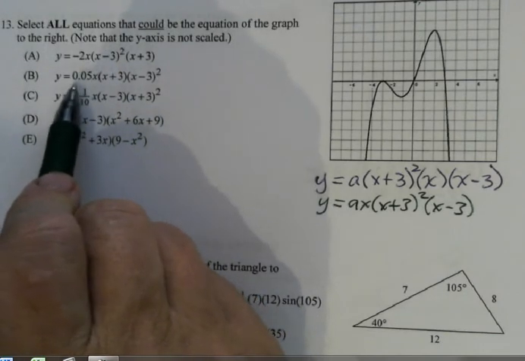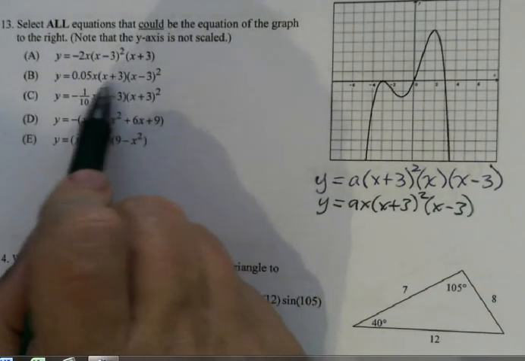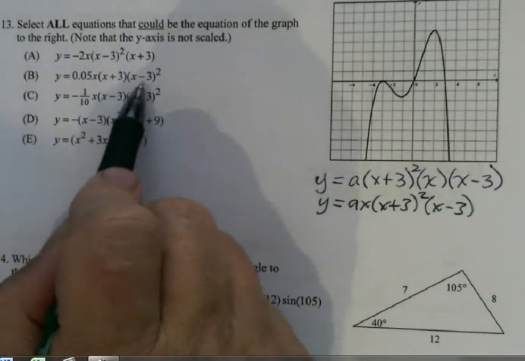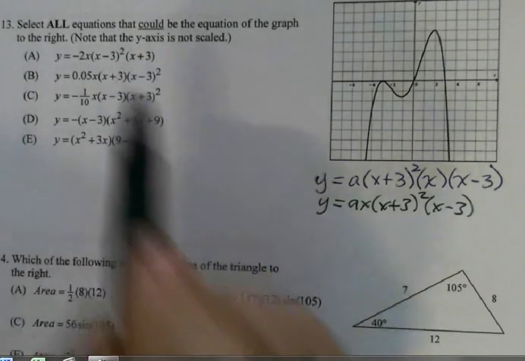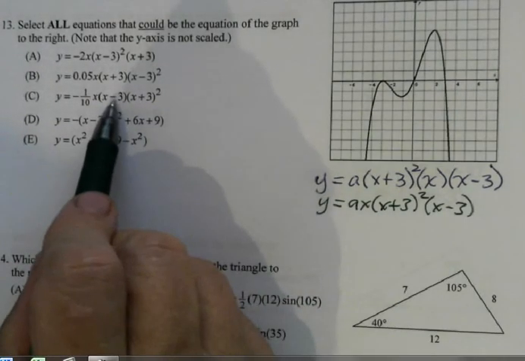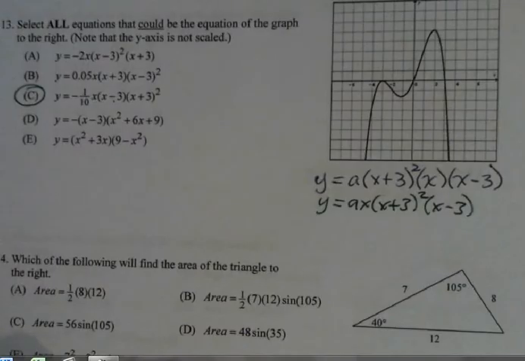Then we have this one. Well, the a value is not negative, and these are in the correct kind of format, except that it's the wrong square. This one has the x plus 3 squared, x minus 3, the x, and a negative. Okay, so C works. Now I've got to figure out if either D or E works.